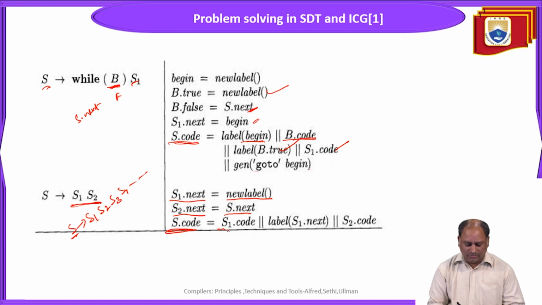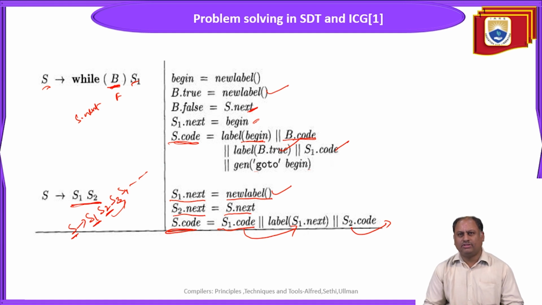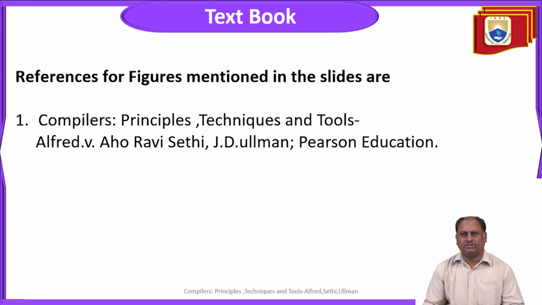First is the execution of the code generated for S1 dot code, which is to be evaluated and given to S1 dot next. The next is S2. Again S2 dot code is given S2 dot next, again S2 dot next, S3. Like that, we first create a label S1 dot next, then S2 dot next is to be created with the help of S2 dot code. Like that, the whole sequence of statements is to be executed with the help of this semantic action notation.